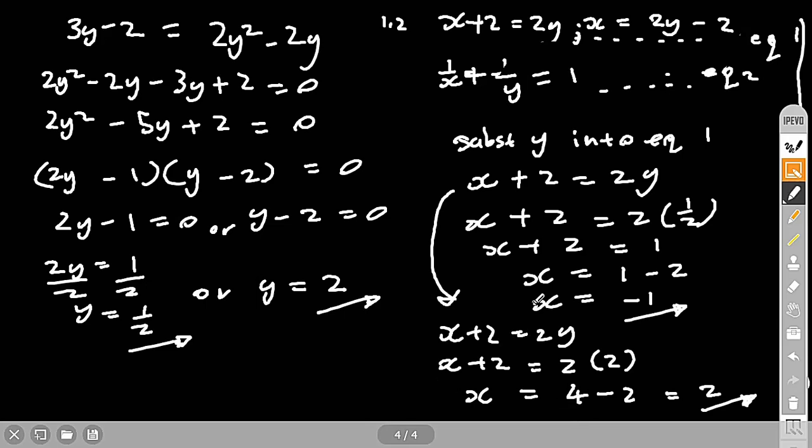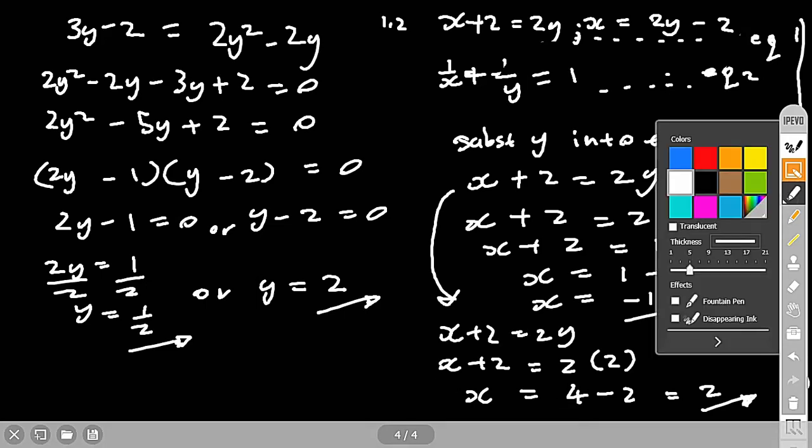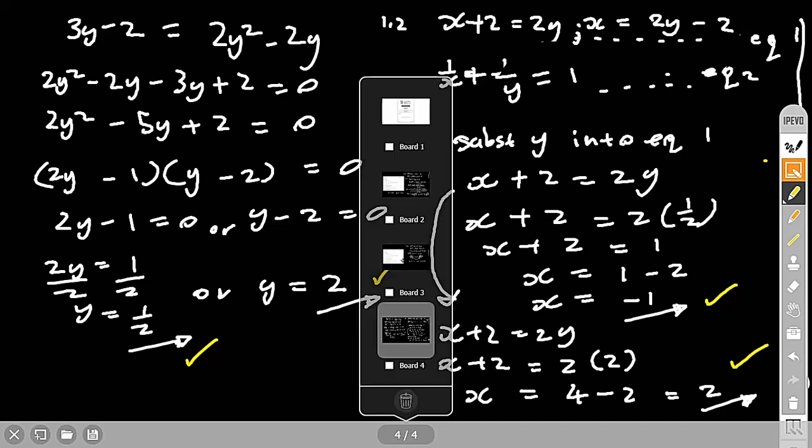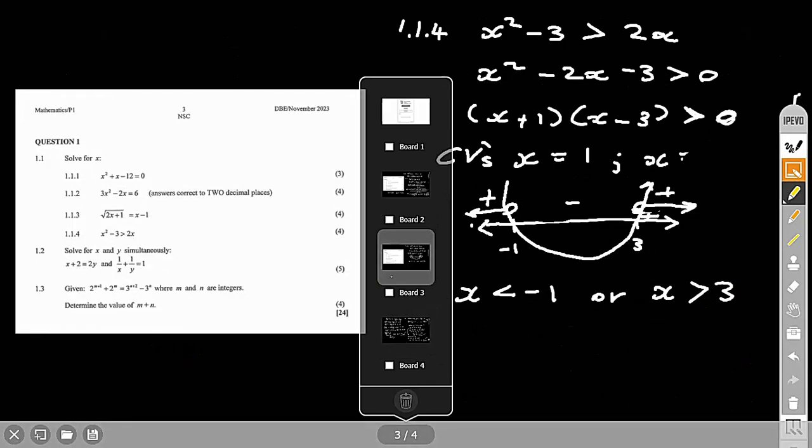So yeah, when it comes to simultaneous equations, what you must bear in mind, you must have 4 answers. You must have 4 answers at the end. So this was our question 1.2.